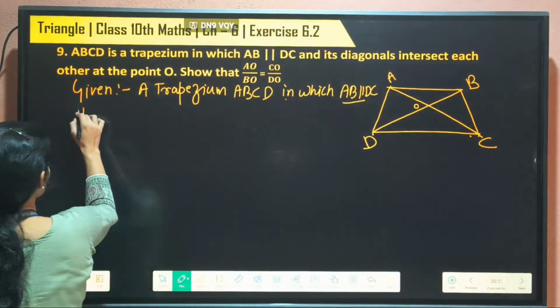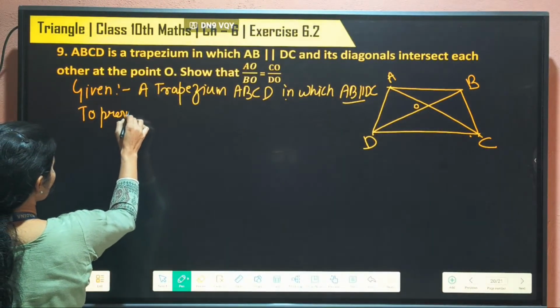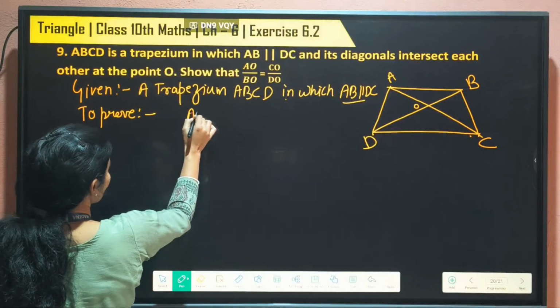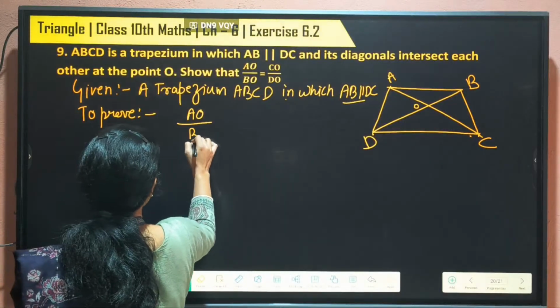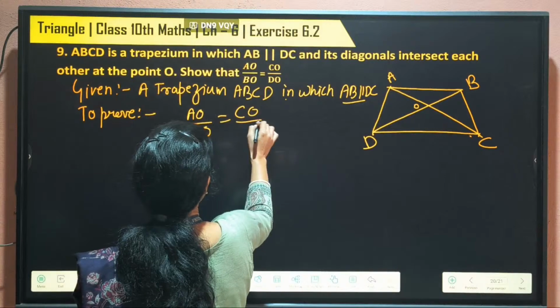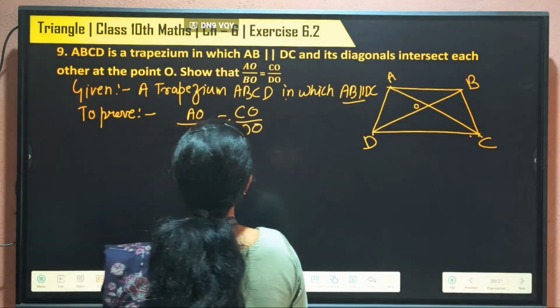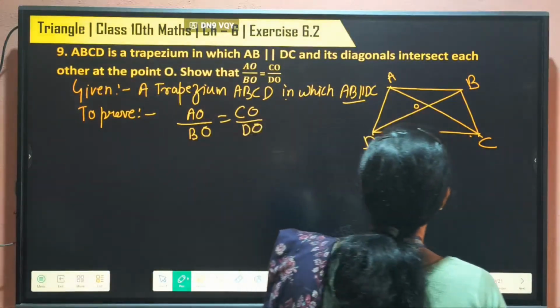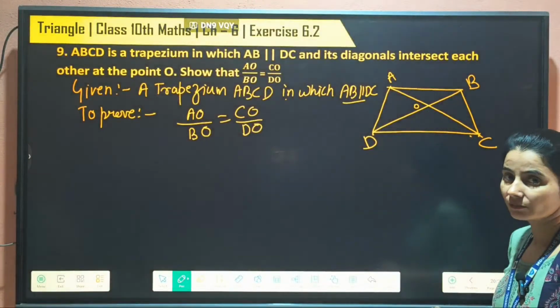What is to prove? To prove is AO by BO equals to CO by DO. This is to prove. In this question, let us do some construction.